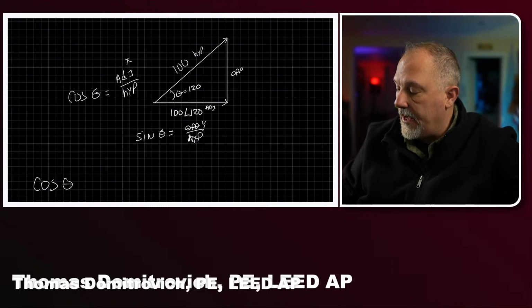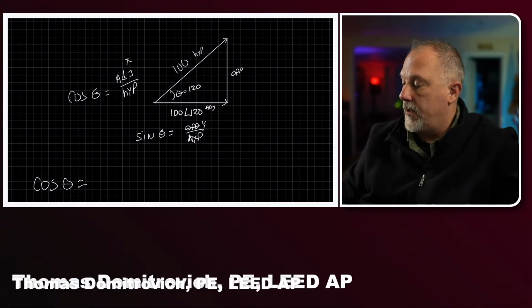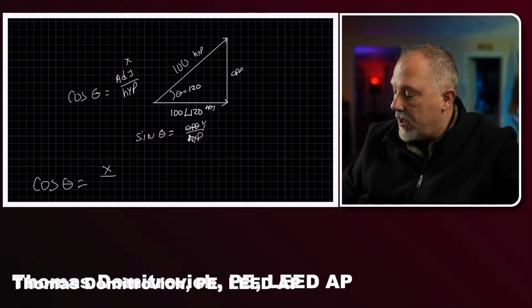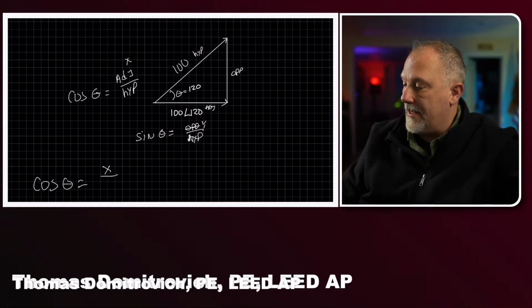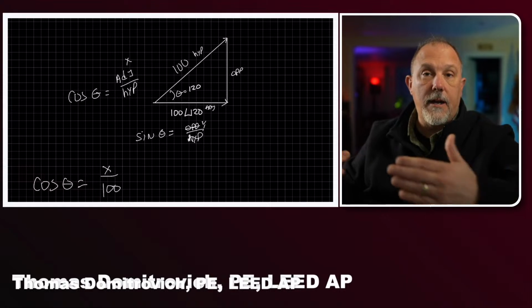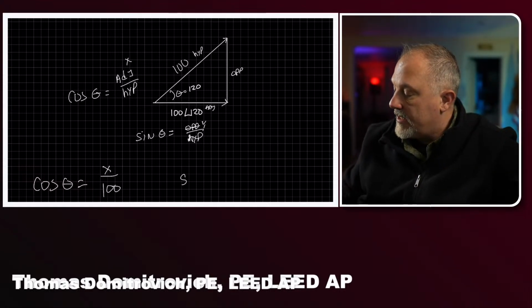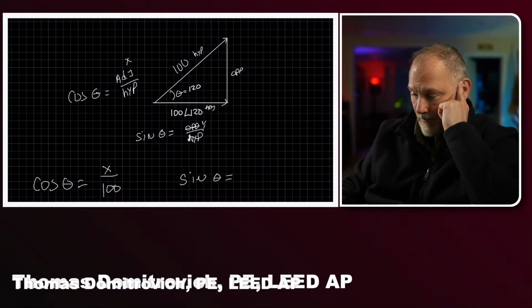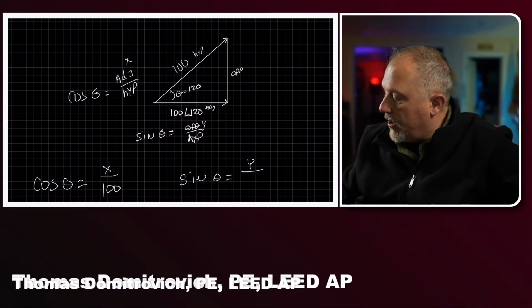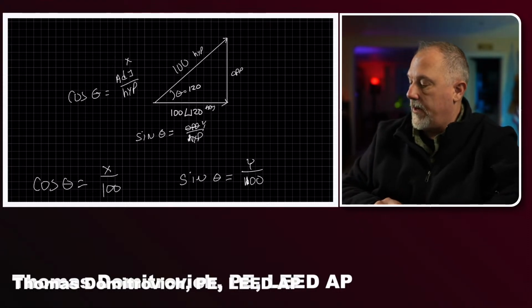Cosine of theta equals x over 100, right? Because that's the hypotenuse. Sine of theta equals y over 100. All right?